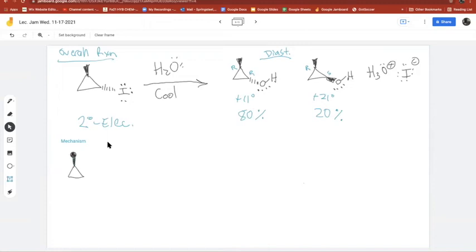Oh, and then before I do the mechanism. So I started off with a chiral reactant. And I ended up with chiral product mixture.